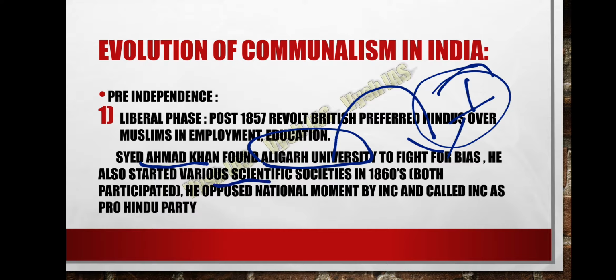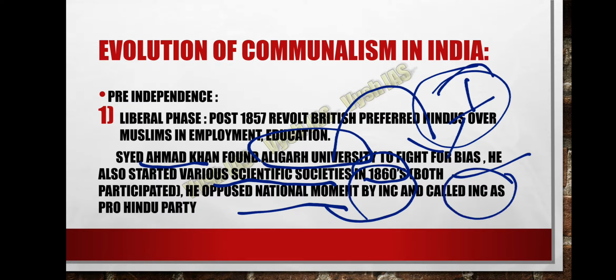He also started various scientific societies in the 1860s, in which both Muslims and Hindus used to participate. He opposed the national movement by the Indian National Congress, because he called the INC a pro-Hindu party, as the majority of the persons in the Congress were Hindus. So he opposed the national movement initiated by the Indian National Congress.